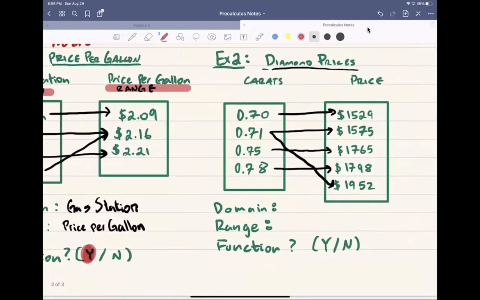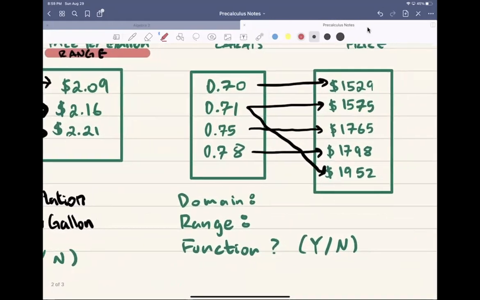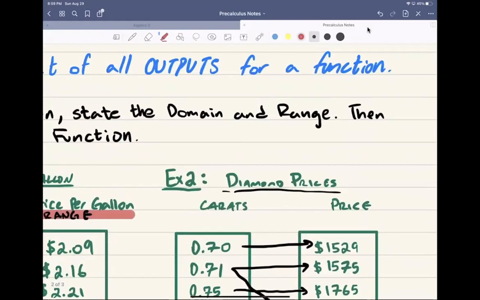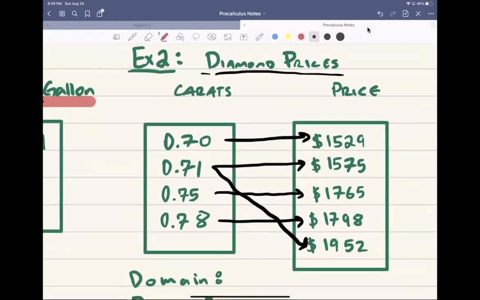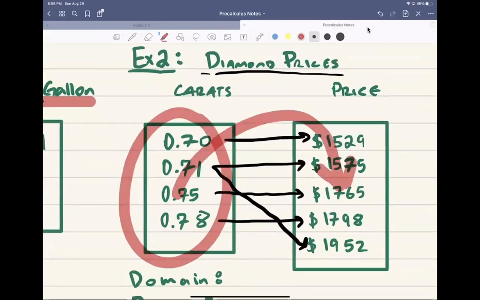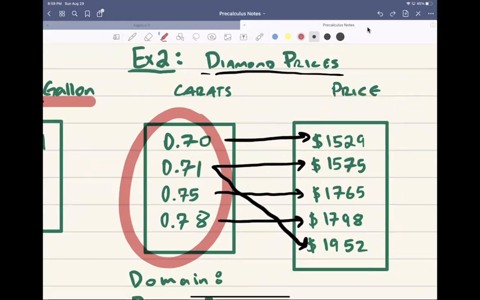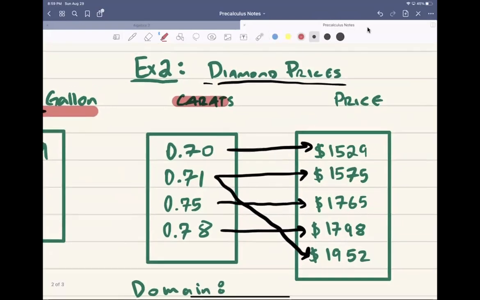Next example says diamond prices. It's the same thing. We're going to determine our domain, our range, and whether it's a function or not. Now, like I said, our domain usually is something that maps onto our range. So right here, we're looking at the prices of diamonds, and how many carats we have of diamonds is going to determine our price.